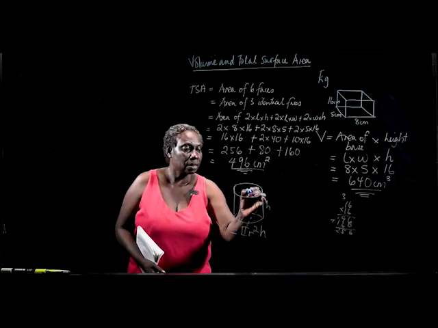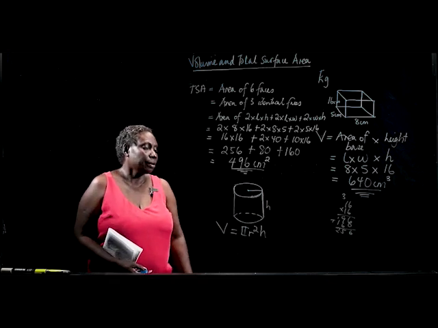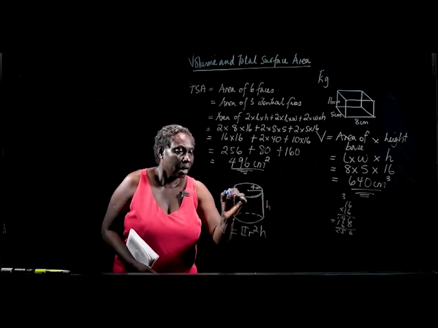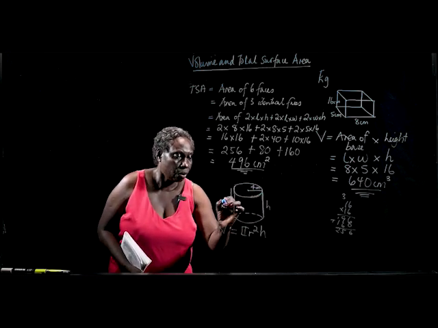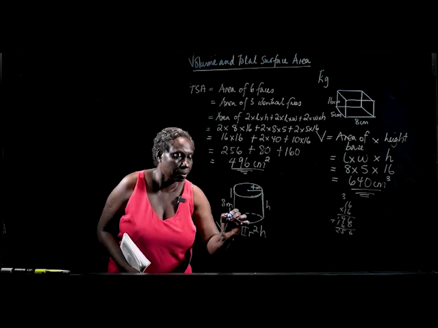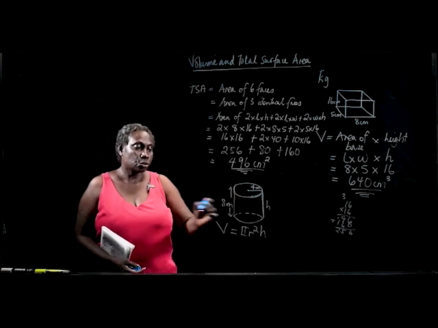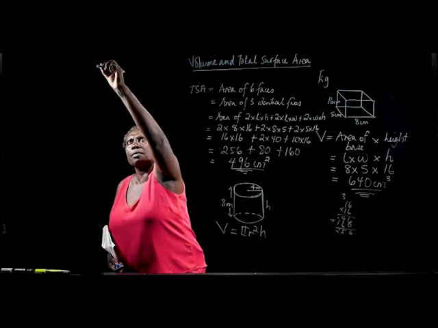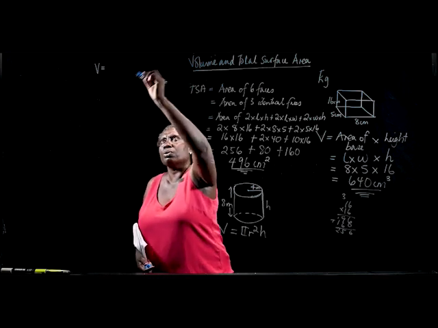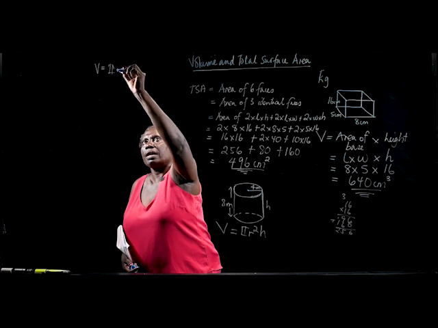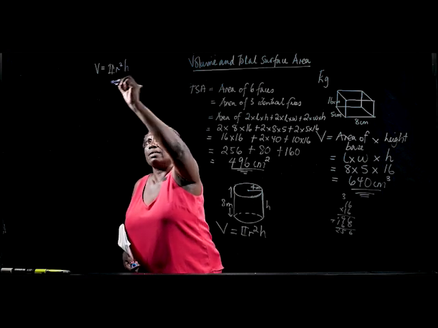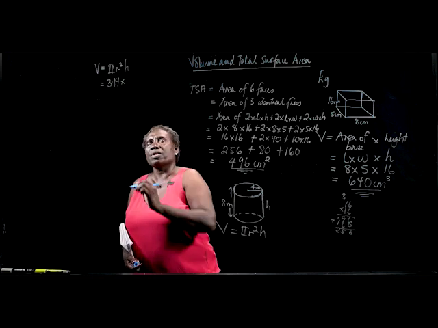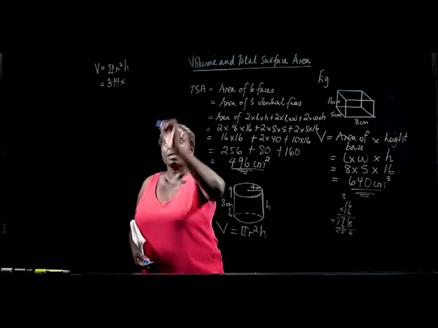So, our volume is equal to pi r squared times height. Now, let's say if this has got a radius of 4 meters and a height of 8 meters, we can substitute these values into the formula to calculate the volume of a cylinder. Okay, so we have volume is equal to pi r squared times height. Pi is 3.14 times the radius we know is 4 meters.